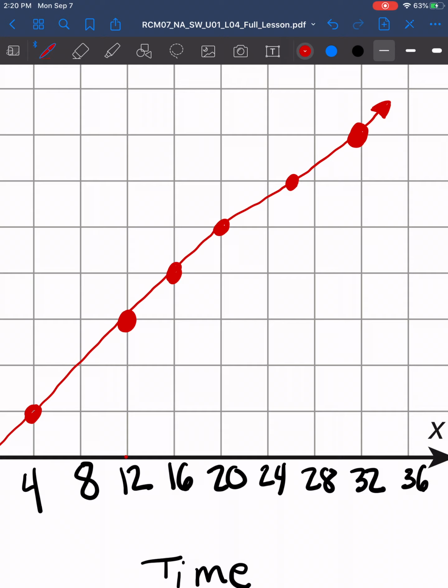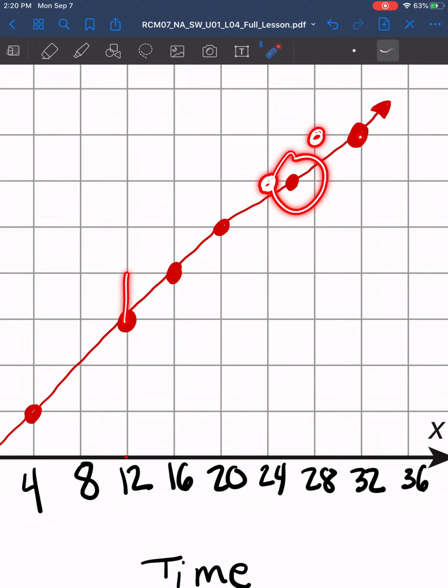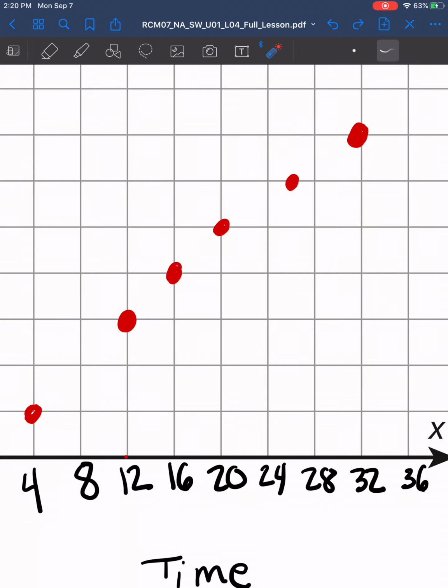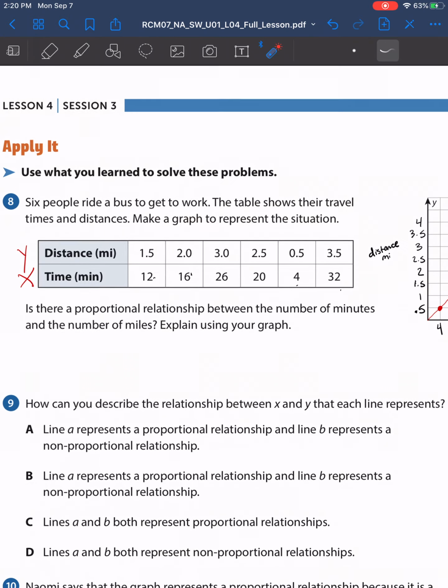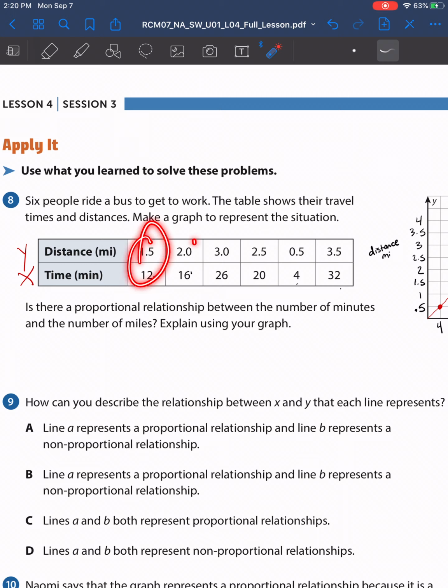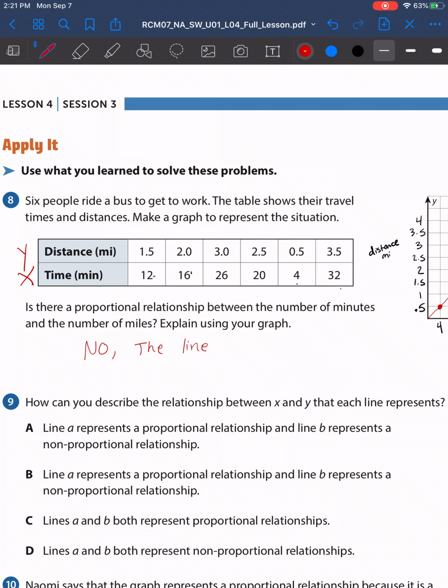If it were a straight line, wouldn't this dot go over here, and then this dot would go over here? The slope is definitely wrong, okay? So even without dividing my y's and x's to find a constant of proportionality, I can already tell. Is this slope constant? No. The line isn't straight.